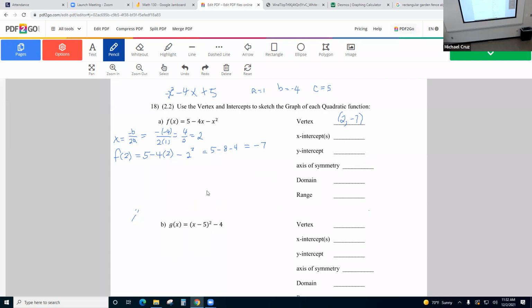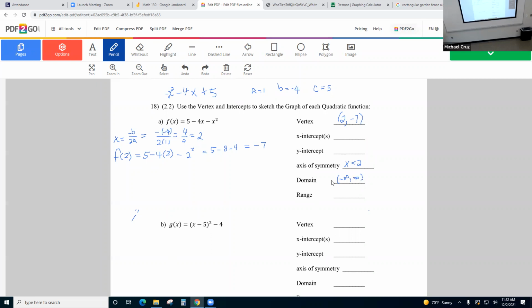We find the x-intercepts by essentially just solving. Well, actually, what we can do is the axis of symmetry is this. And that's the axis of symmetry. The domain is negative infinity to infinity.